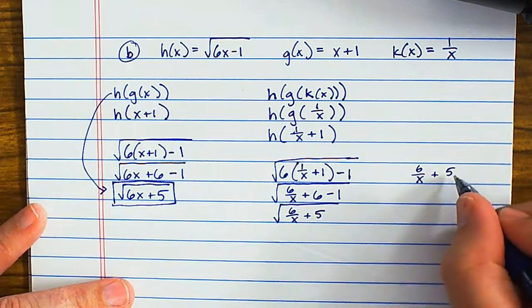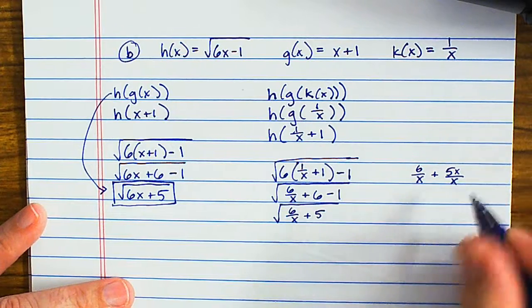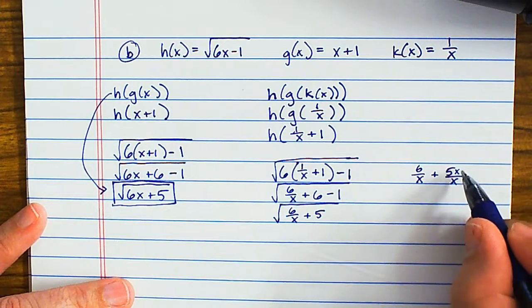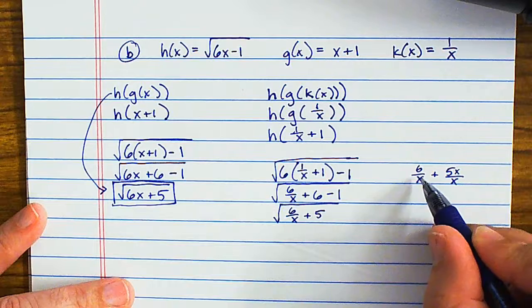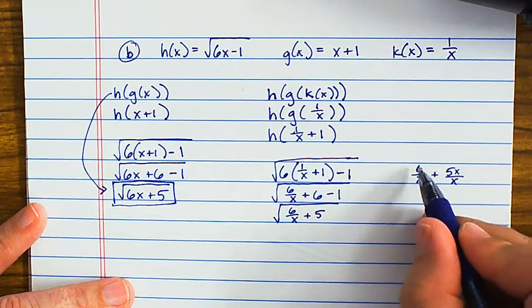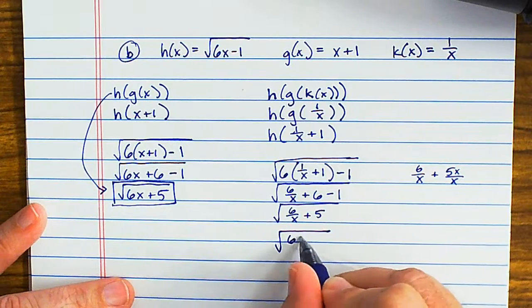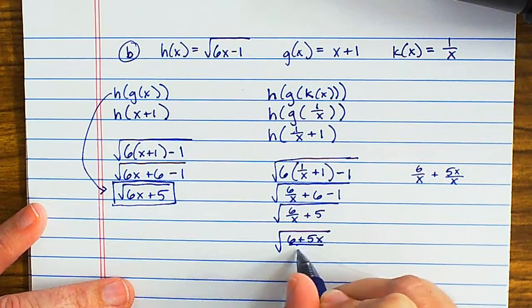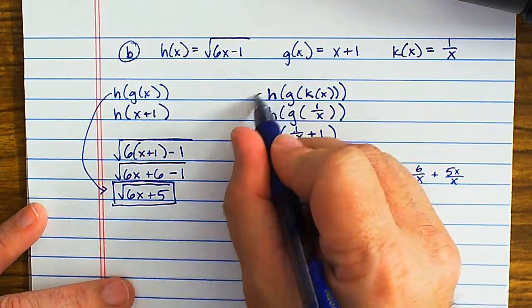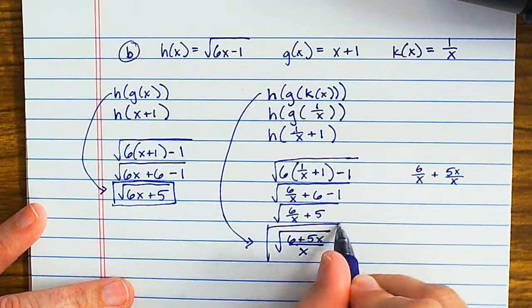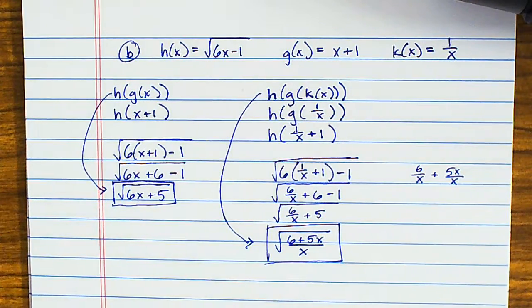If I want that to have a common denominator, I can put x over x. So now they both have a common denominator, because if you cancel these, I still have 5. But now I have a common denominator, so I have 6 plus 5x. So right there, that's 6 plus 5x over x. And that is h of g of x.